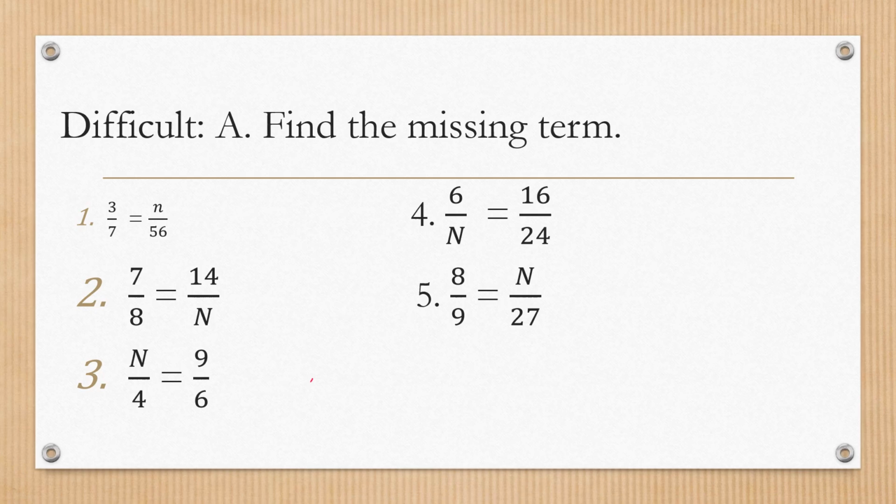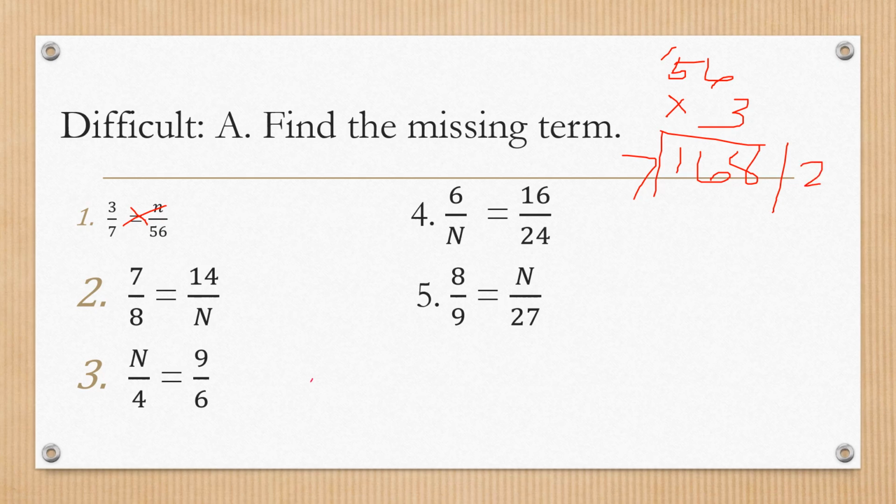Let's find the missing term. So in order to find the missing term in a proportion, as you can see, cross product is really important here. So we have here for 56, we can use directly 56 times 3, that is 18. Then we have 15 plus 1, 16. 16 divided by 7, so we got 2, 14.